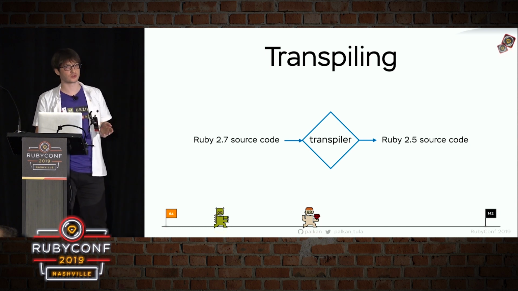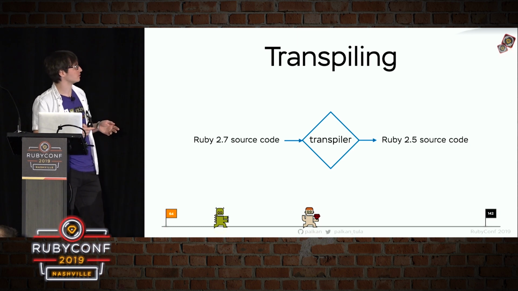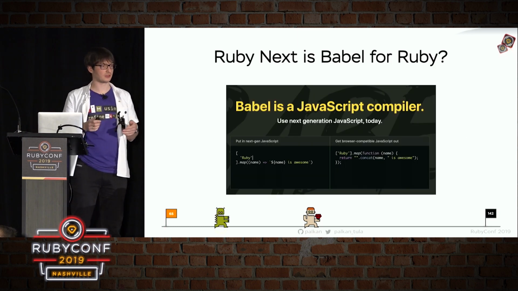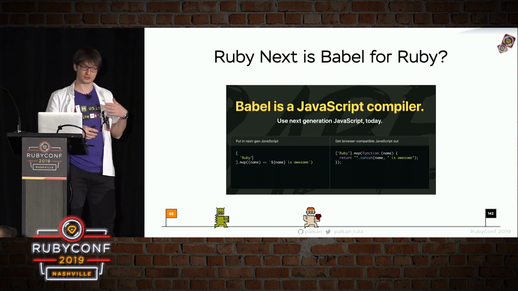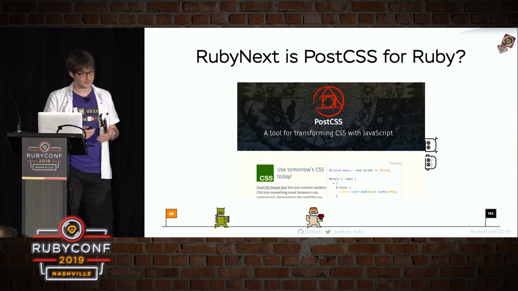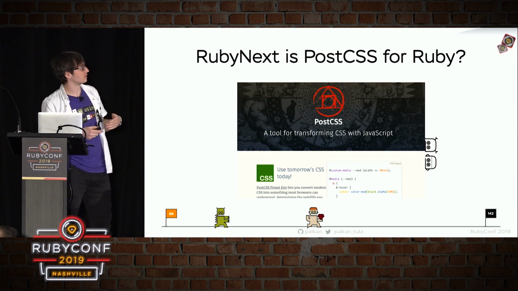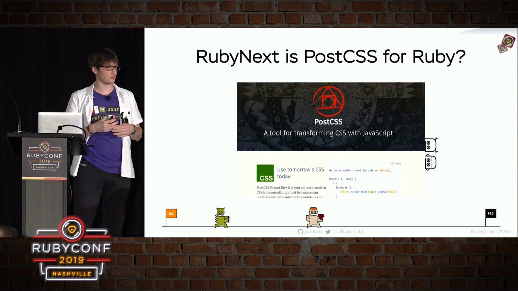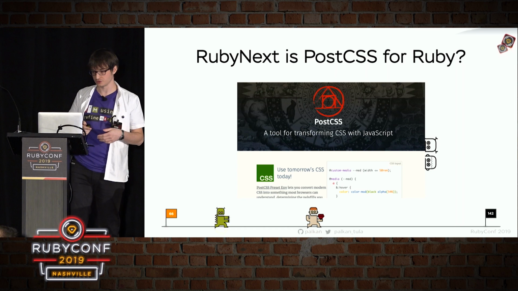If you ever tried to build something with JavaScript or CSS, you definitely heard about Babel, which says use next generation JavaScript today, or PostCSS, use tomorrow's CSS today. So that's a very similar idea here. We want to make it possible to use upcoming features in the current Ruby versions.